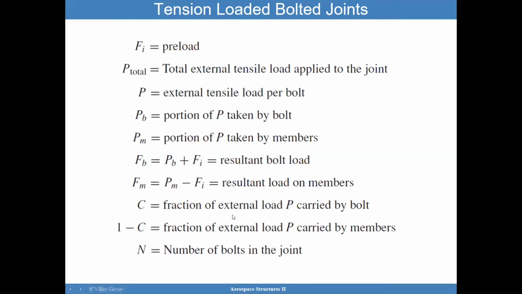Then C becomes the fraction of the external load P carried by the bolt, while 1 minus C gives you the fraction of the external load carried by the members. And P times capital N provides you the total load that the joint can take.